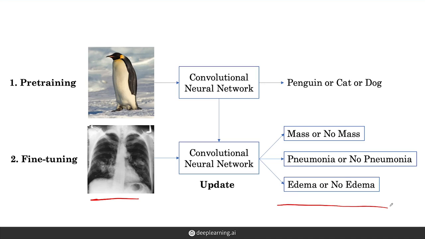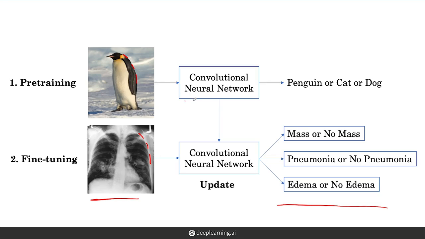The idea of this process is that when we're learning our first task of identifying cats or dogs, the network will learn general features that will help its learning on the medical task. An example of this might be that the features that are useful to identify the edges on a penguin are also useful for identifying edges on a lung, which are then helpful to identify certain diseases.